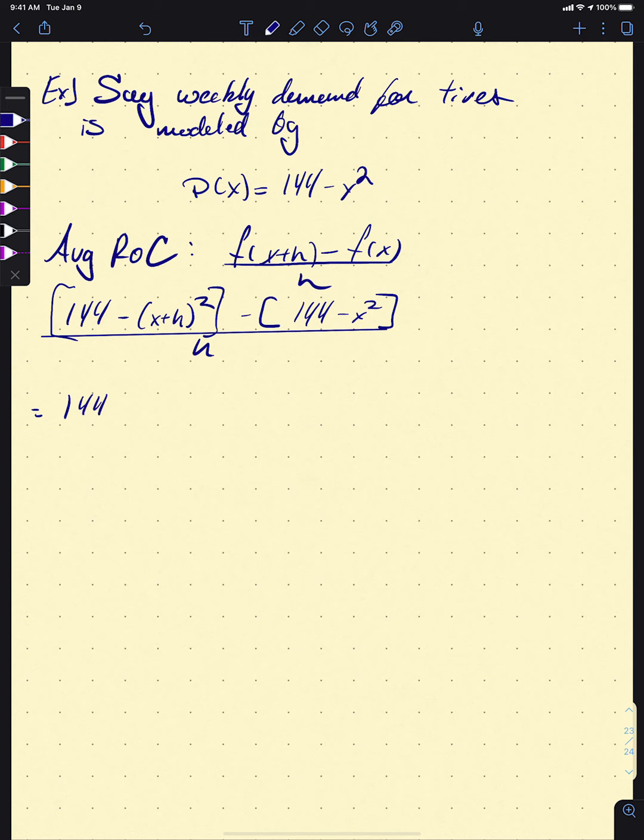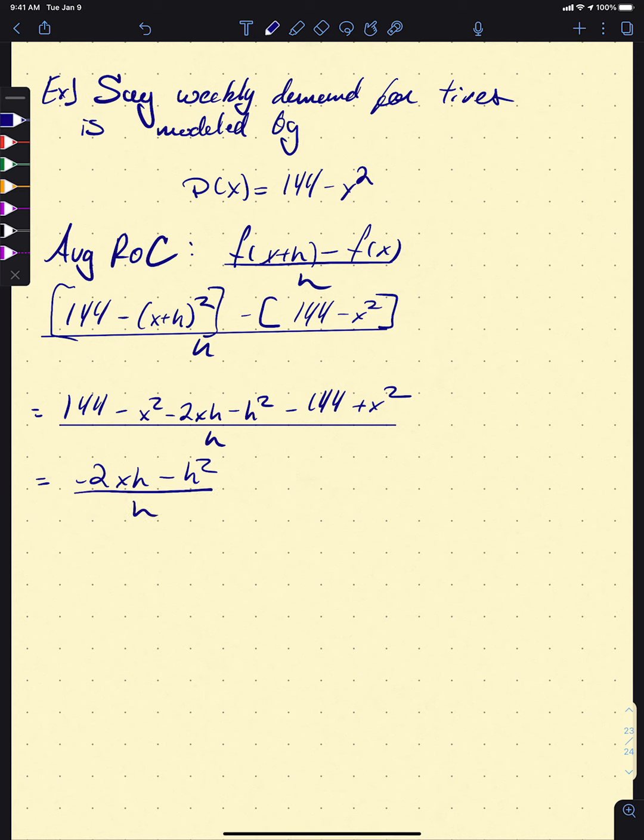Expanding this, we see 144 minus x squared minus 2xh minus h squared minus 144 plus x squared over h, and then simplifying, our 144's cancel, our x squareds cancel, we have minus 2xh minus h squared over h. This h is going to cancel with that h and one of those h's, and we're going to get minus 2x minus h, okay?